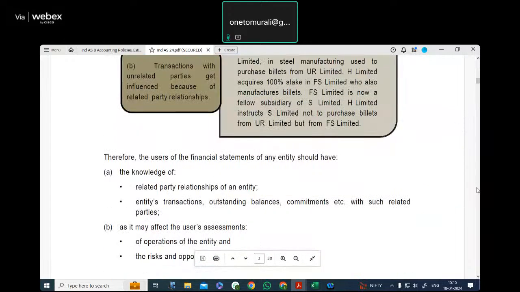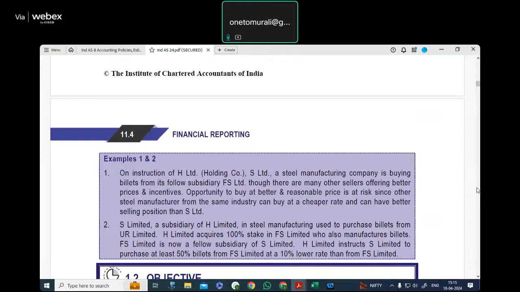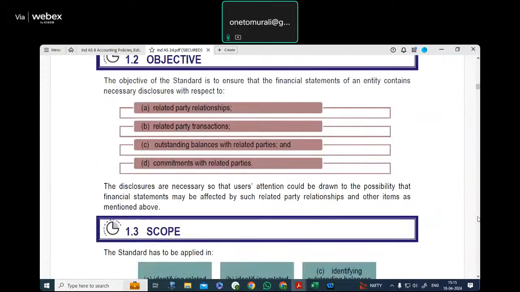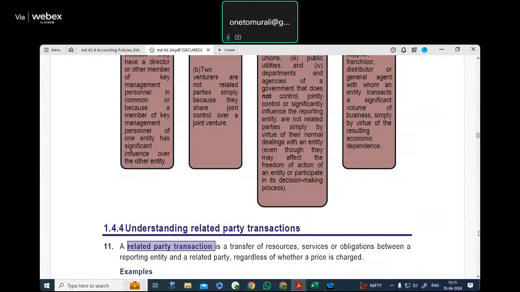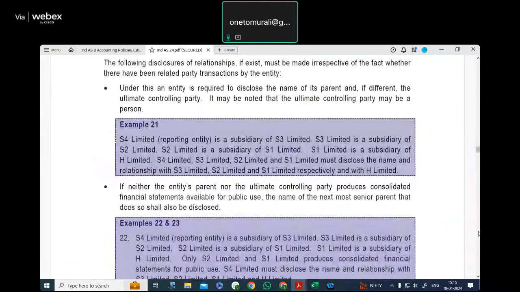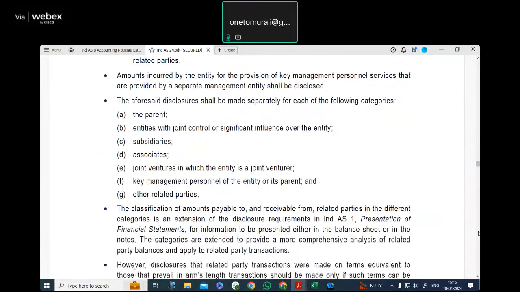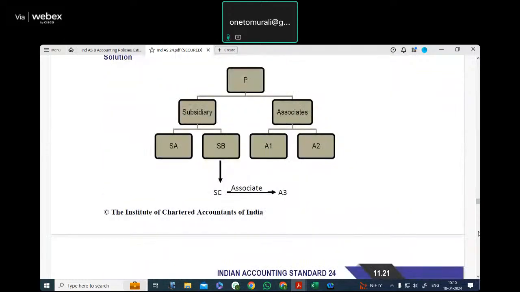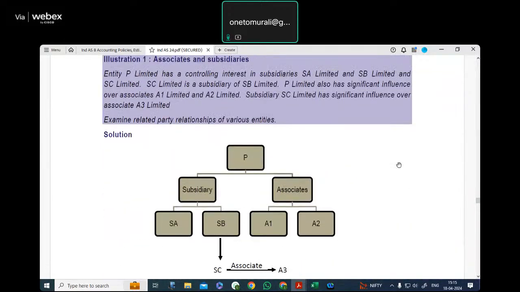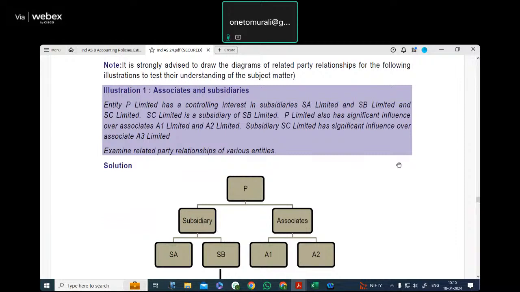So don't ignore these accounting standards. Please give a good amount of importance to all the aspects of this particular accounting standard. And now let us take up a problem. I would like to take up one illustration.